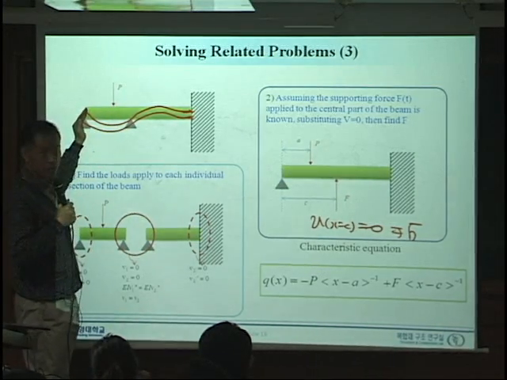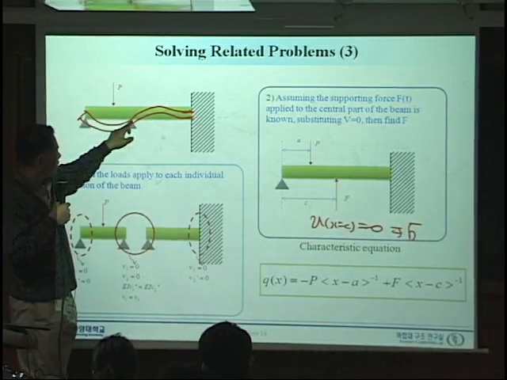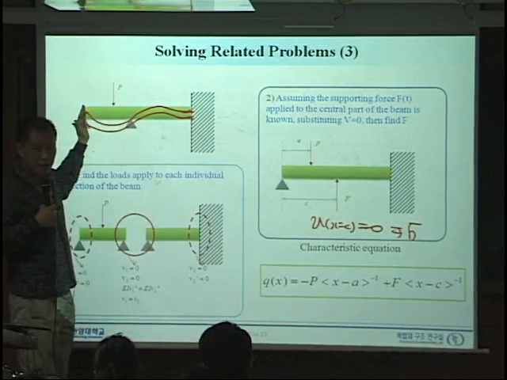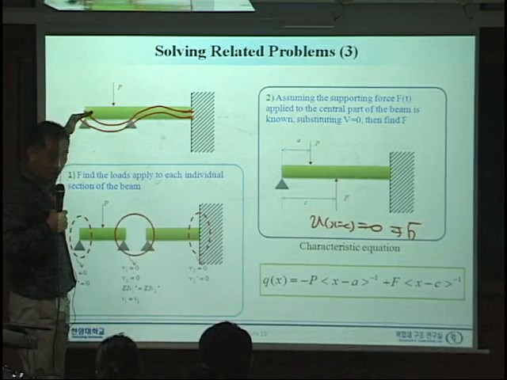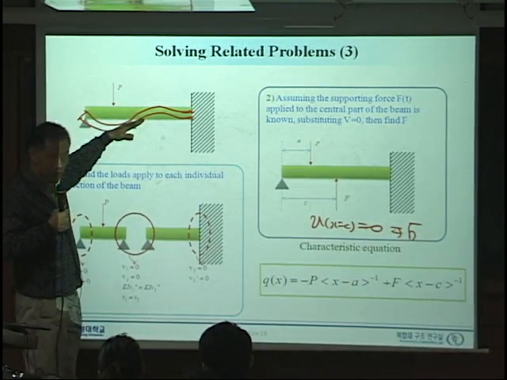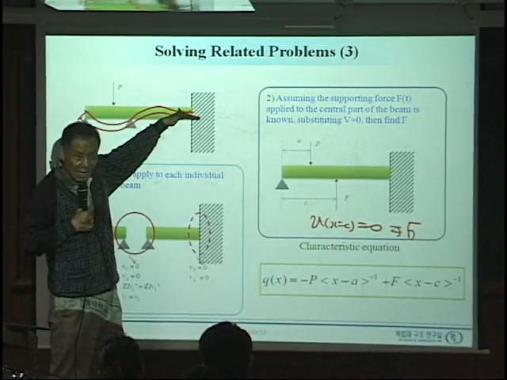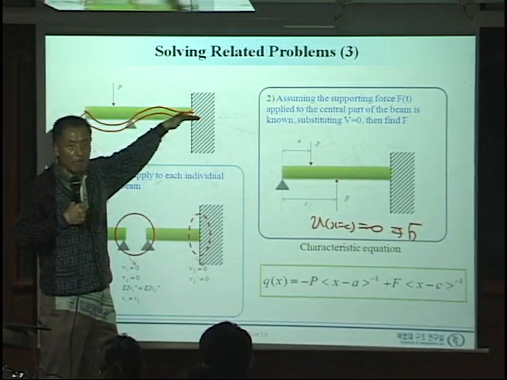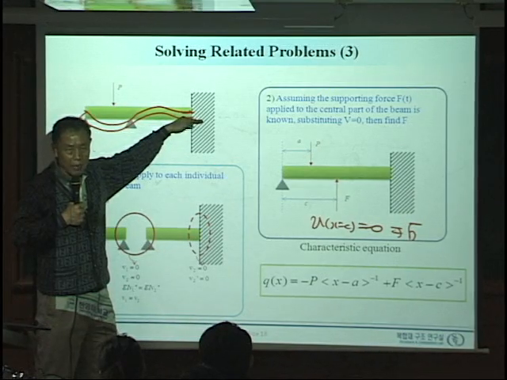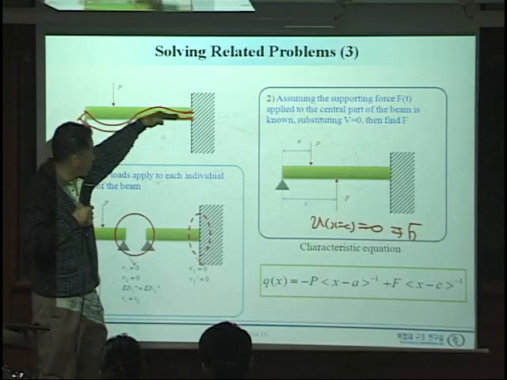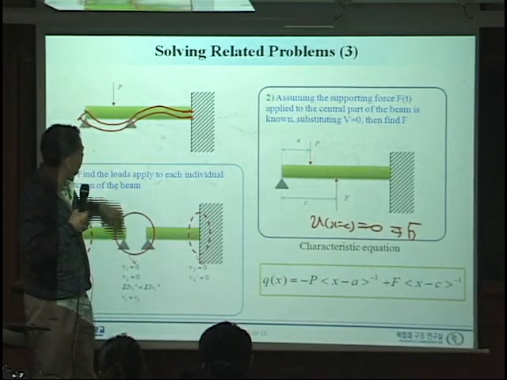Then this end will be deflection 0, and deflection 0. But the end is allowed to rotate, so rotate. And this one is allowed to rotate, so you need to rotate. But here, it is not allowed to have any deflection. So this one has 0 deflection and 0 slope, and goes like that.